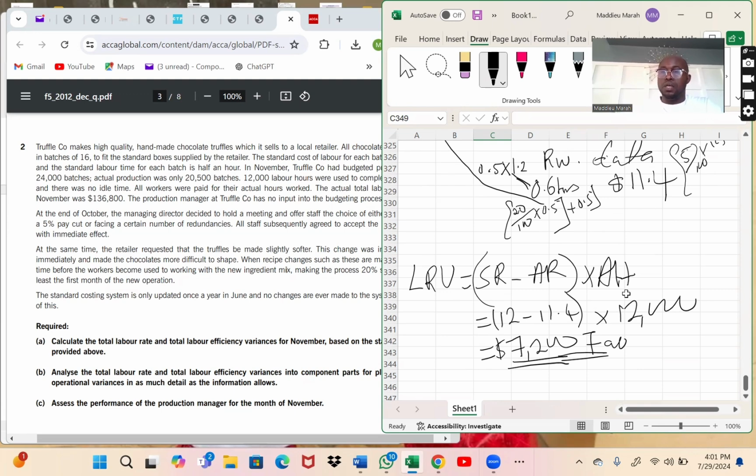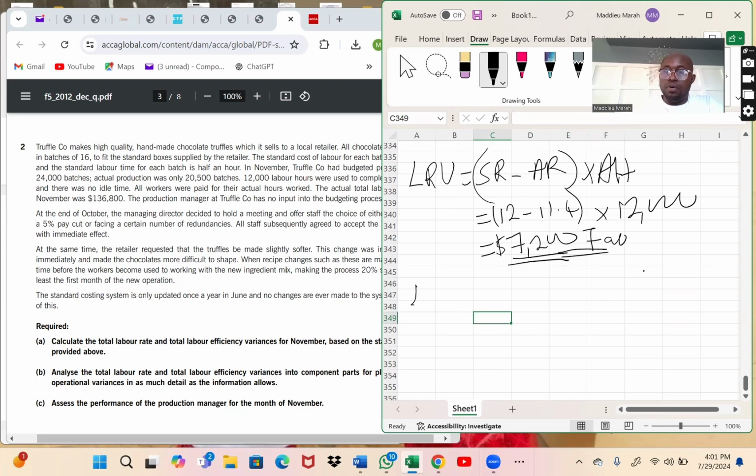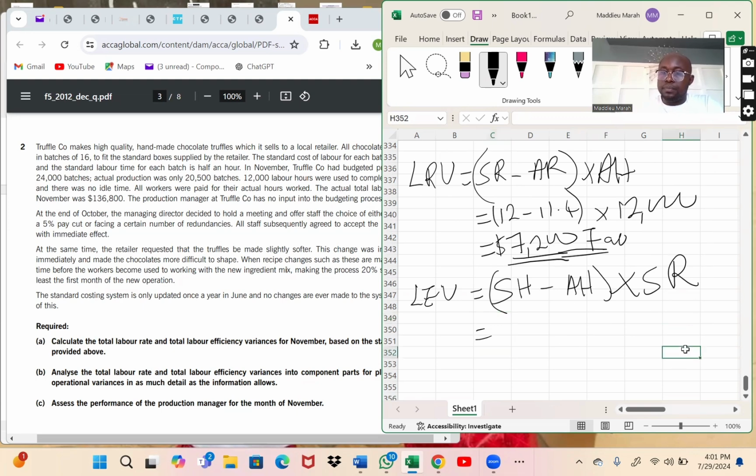Okay, that's labor rate. Now, labor efficiency variance. We look at our standard hour minus actual hour, multiplied by standard rate. What's our standard hour? 0.5 at actual production.